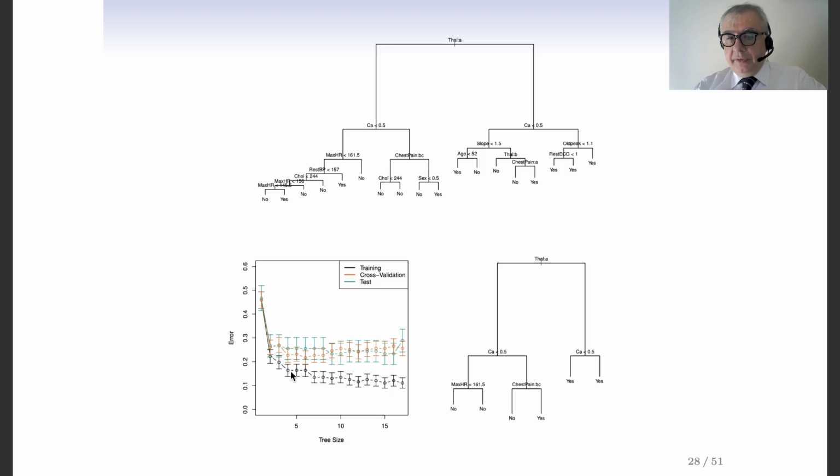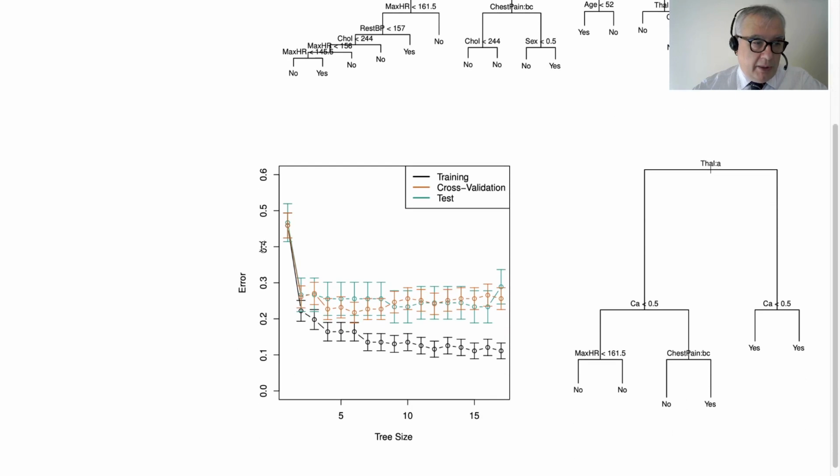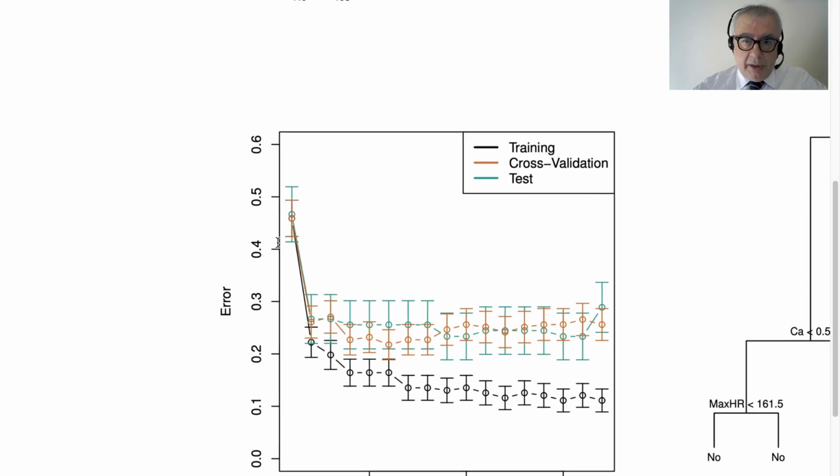And you can see, therefore, that there are some oscillations, and also it is not monotonic. Okay, that is due to the variability that you have when you choose the folds over which you are assessing your classification error. And you can see that cross-validation and test are quite similar.